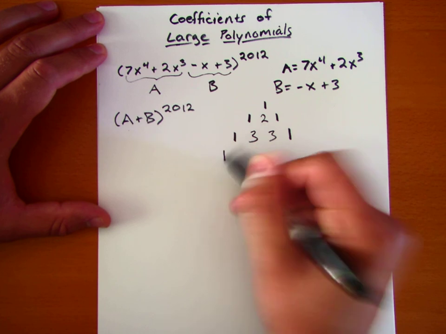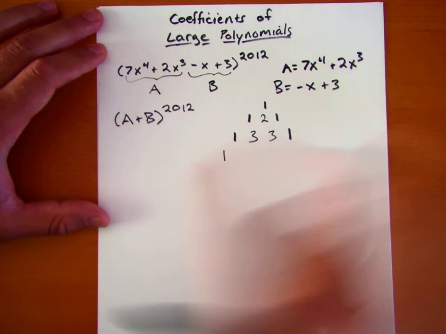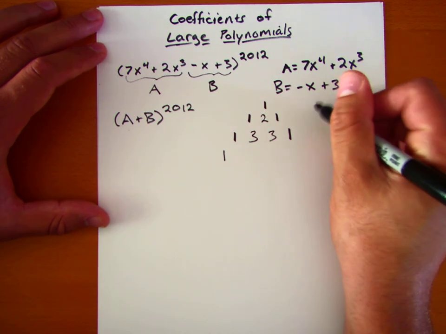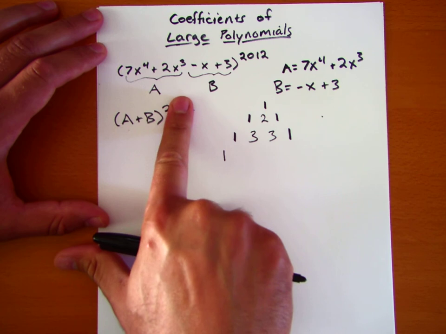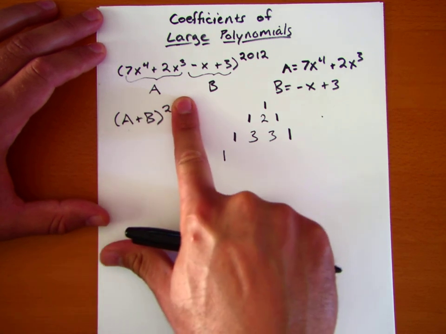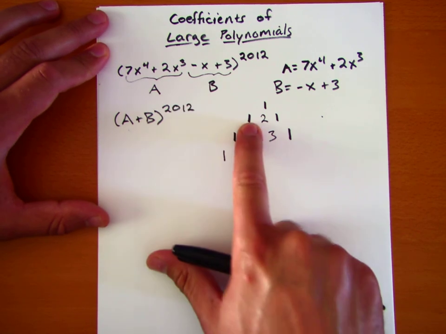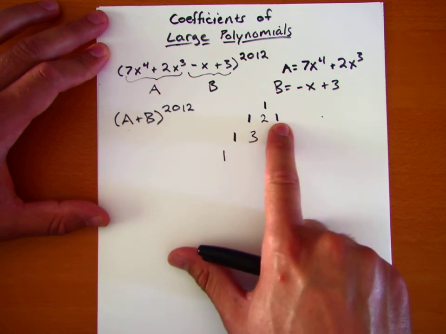Each of these levels represents the coefficients of this polynomial raised to the nth power. So the second level here, 1, 2, 1, gives the coefficients if it were raised to the second power. So A plus B squared would be equal to A squared plus 2AB plus B squared.